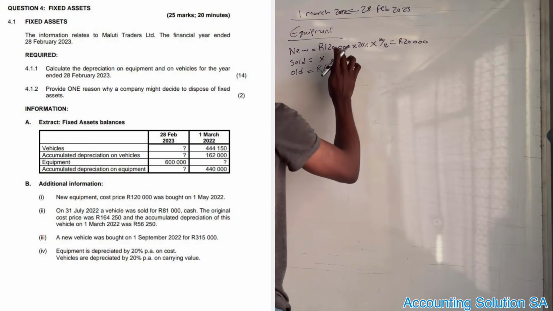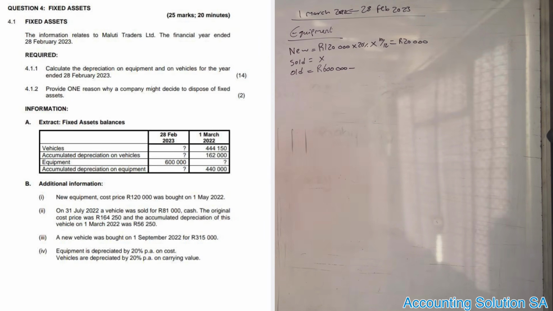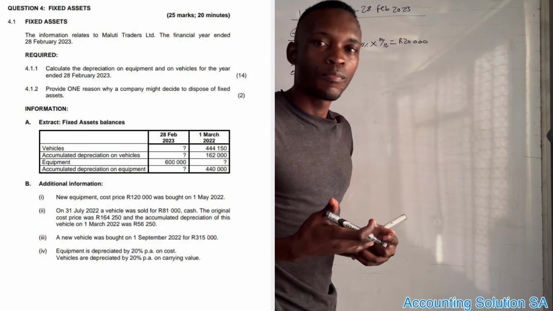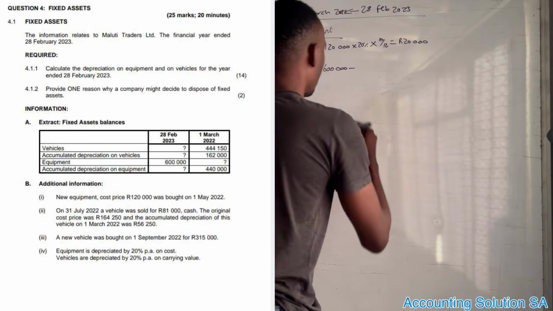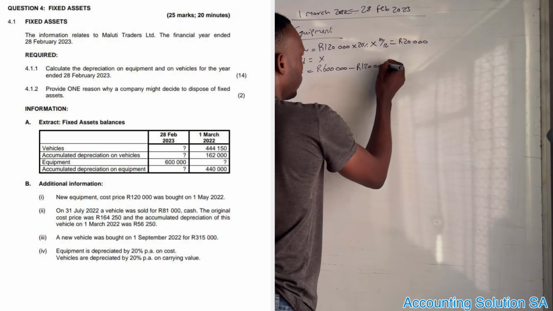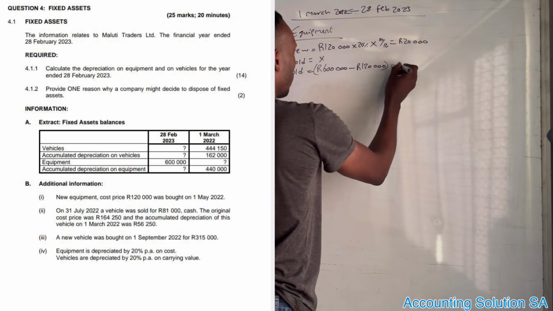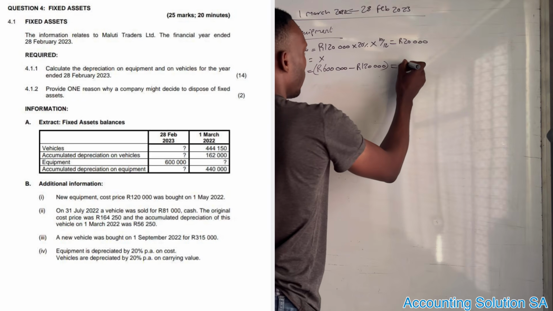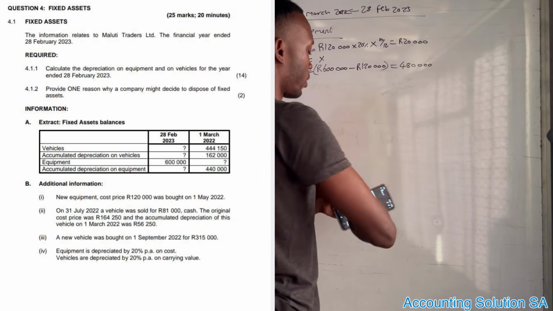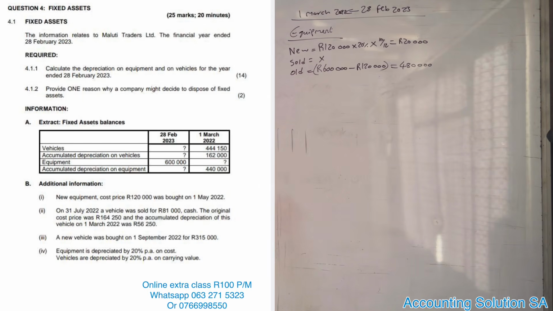We have to first subtract the one that was bought because we already calculated it. We can't calculate it again, so we must remove it. 120,000. So that we're going to be left with how much? 480,000. Okay, that's the cost price that we are left with.